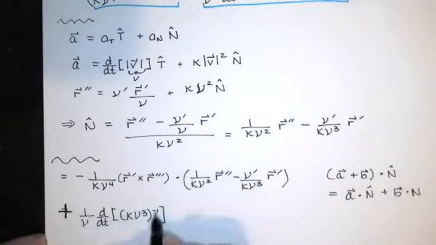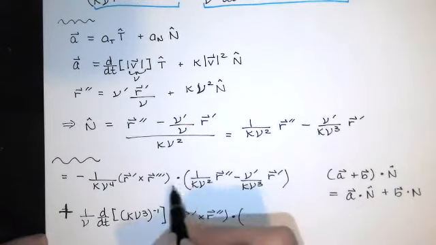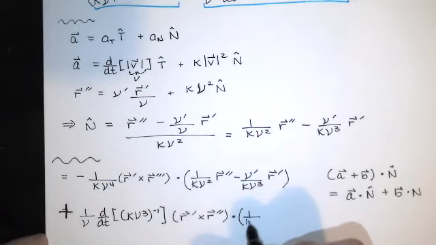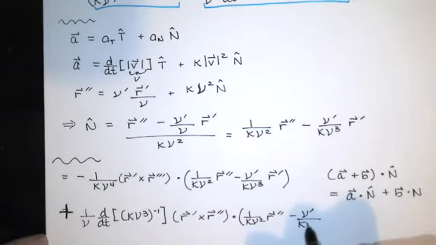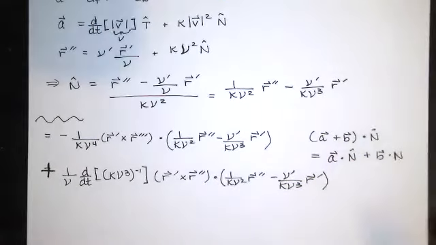And that's our coefficient function times this vector. And we're dotting that with n hat as well, which can be written in that way. Okay.